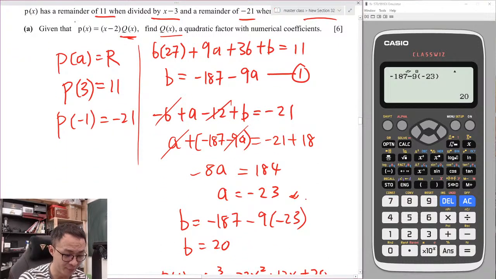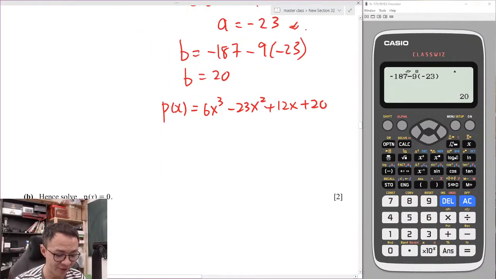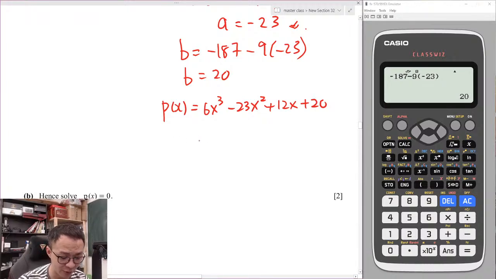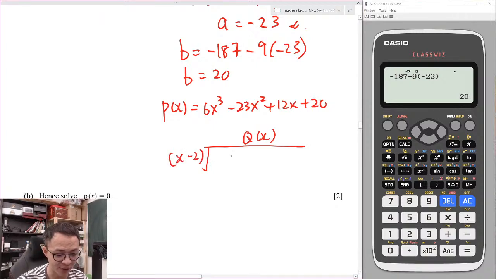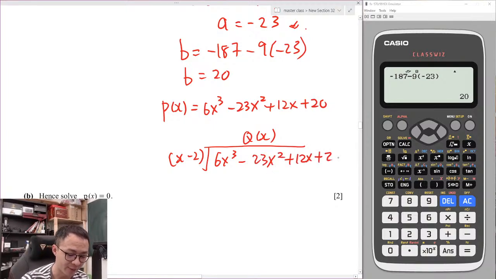Based on this, I know I need to do a long division, which will divide by x minus 2 here. Now I want to do a long division to find my q(x), my answer here, when I divide by x minus 2. So this is 6x cubed minus 23x squared plus 12x plus 20.